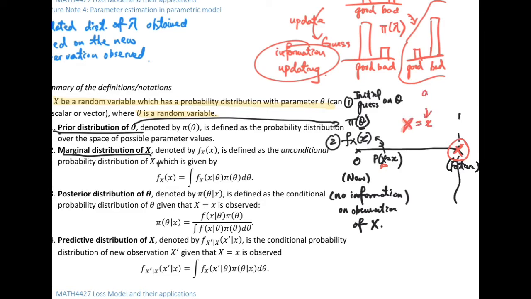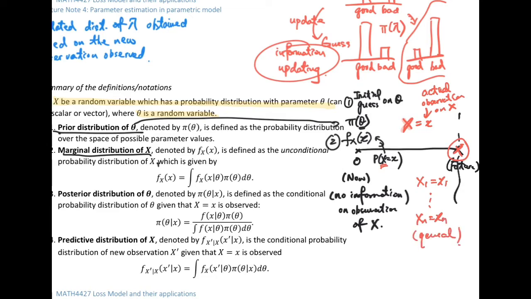This is your actual observation on S, which you can regard as sample data. Of course, in general you can have multiple observations as well, which is also fine.